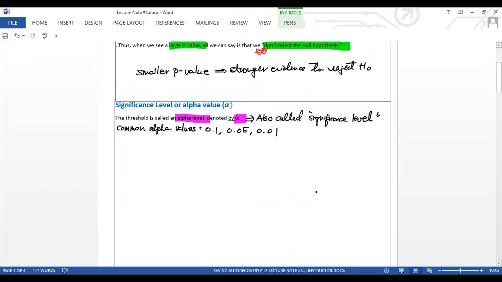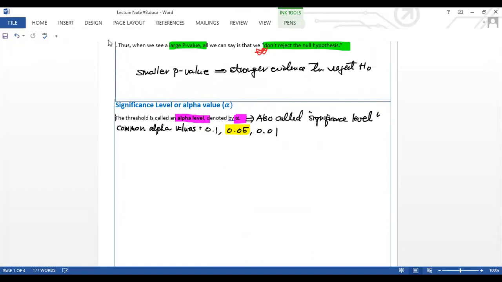When you read a statistical report or publication, they will frequently say my significance level is 0.1, 0.05, or 0.01. Among these three, 0.05 is the most commonly used.